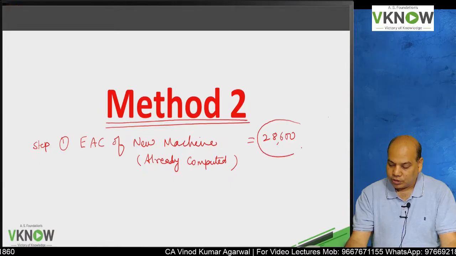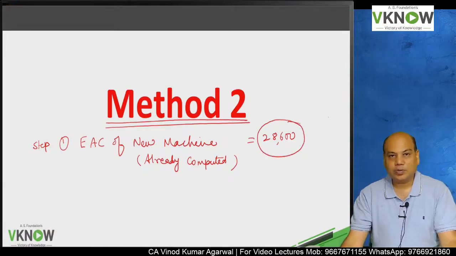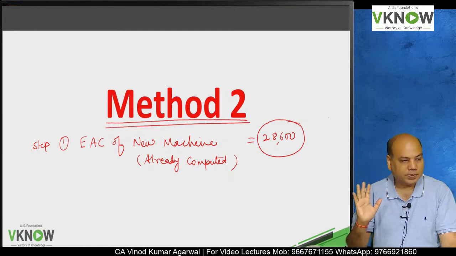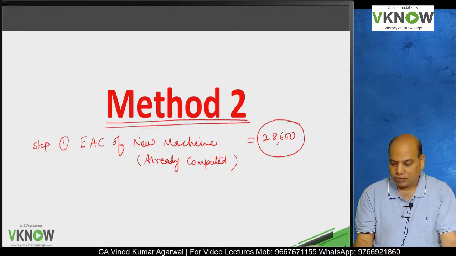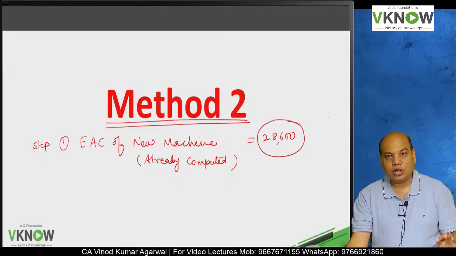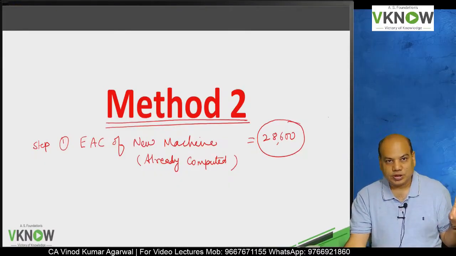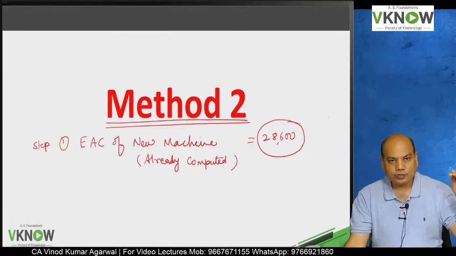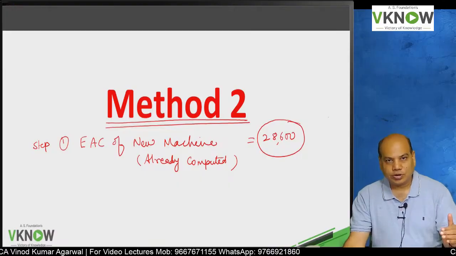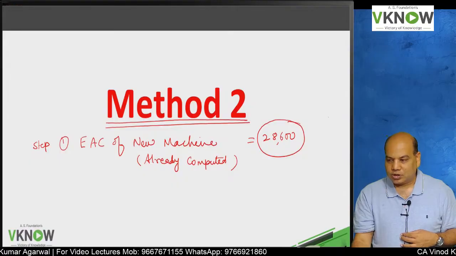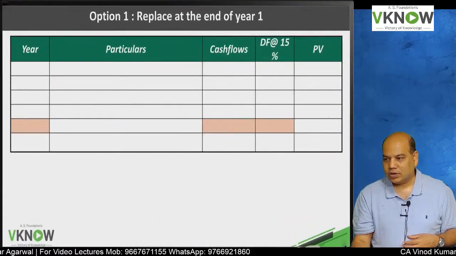And if this is lowest, then we'll replace now. Understood? If this is lowest, then it is better to replace now only. And then I am going to compare EAC of old machine if used for 1 year, if used for 2 years, if used for 3 years, and if used for 4 years, and then whichever is lowest, that we will take.